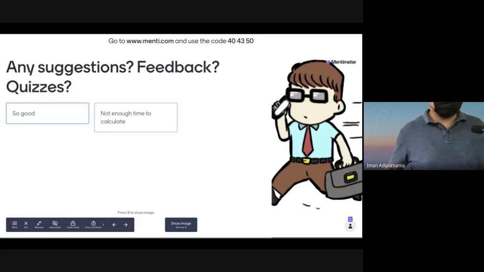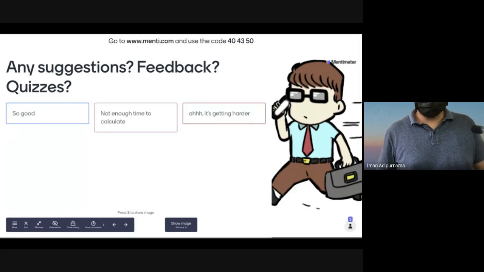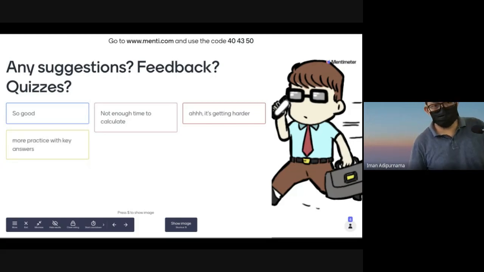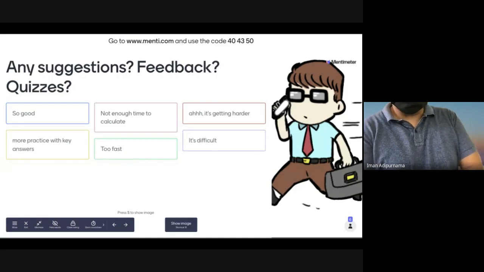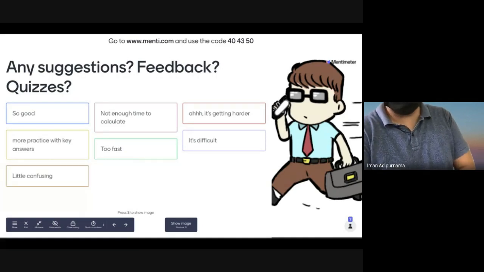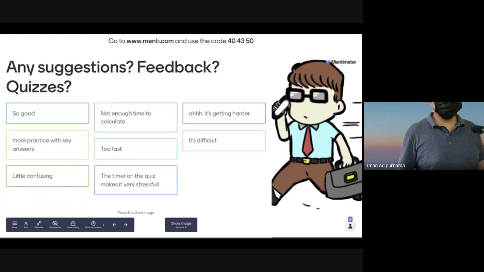Sorry, the question is too complicated. The answer for the previous R prime is 120. Anyone get the answer? No, right? Okay. Sorry, I think that's too difficult. Sorry, it's too fast. I'm just trying whether you can have time on the quiz, and it makes it very stressful. So sorry for that.